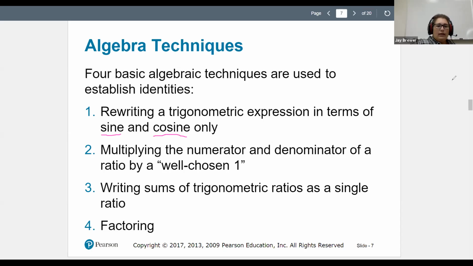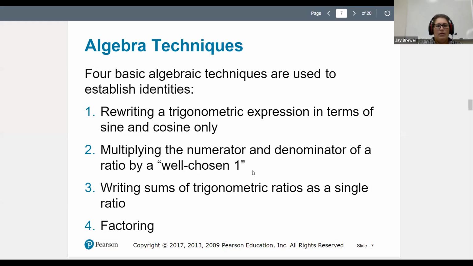Multiplying the numerator and denominator of a ratio by a well-chosen 1. Writing a sum of trig ratios as a single ratio. And factoring. Anyone have any major concerns on those techniques?